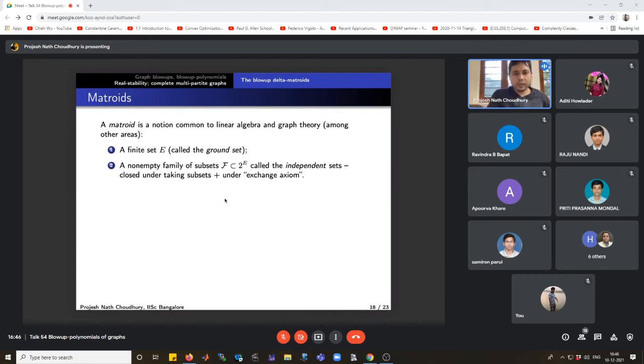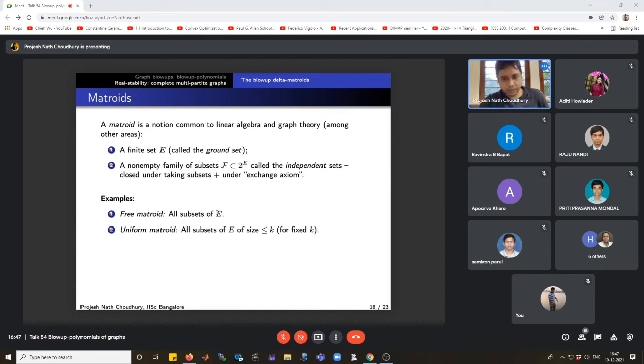Matroid theory has important applications in various branches of mathematics, including topology, geometry, combinatorial optimization, coding theory, and network theory. And here are some examples of matroids. For a finite set U, if we take the independent sets to be all subsets of U, then obviously it is a matroid, and we call it a free matroid.